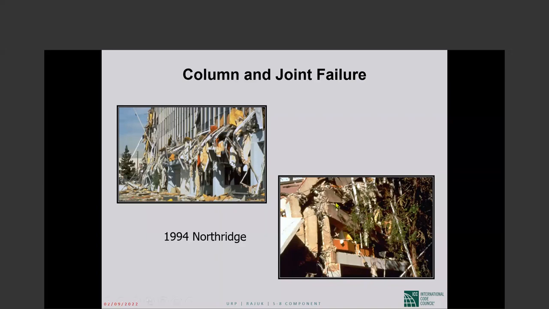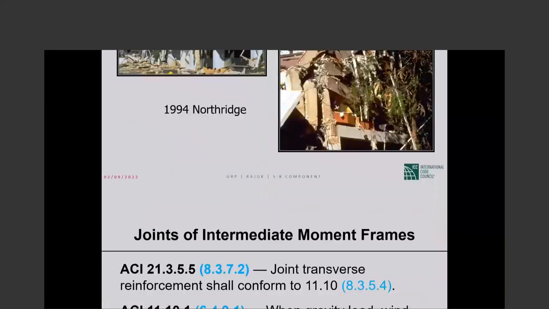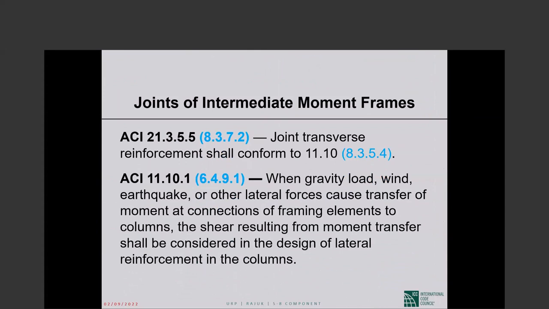Anyway, you see the two floors have come together. This was the beam of the upper floor. This is the beam of the lower floor, and the column separating the two is hanging out here. Okay, and that's because the joints have failed completely. And the joints have failed because there was no transverse reinforcement in the joints, so nothing to speak of. There may have been a tie or two with 90-degree hooks, nothing that makes any difference. Okay, so this again you see after every earthquake in older construction.